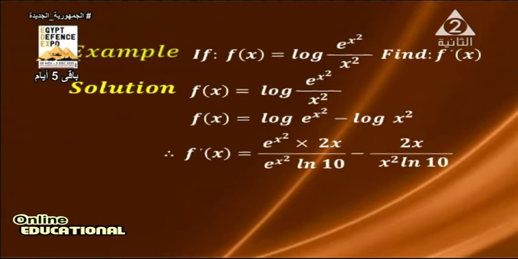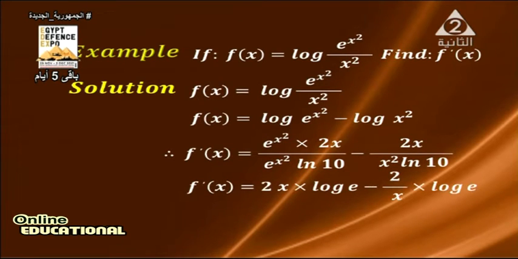F dash x equals derivative of the first function, which is log e to the power x power 2. The derivative of log e to the power x power 2 is e power x power 2 times 2x, which is the derivative of the function, over the function e power x power 2 multiply ln 10, which is the base of the logarithm, minus derivative of x power 2, which is 2x over x power 2 multiply ln 10.